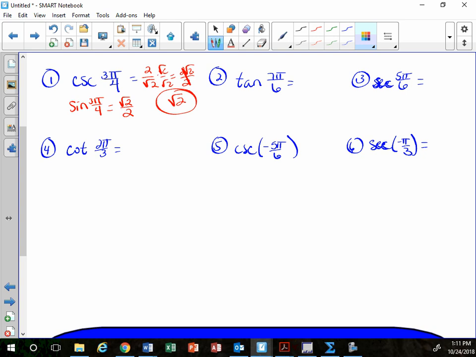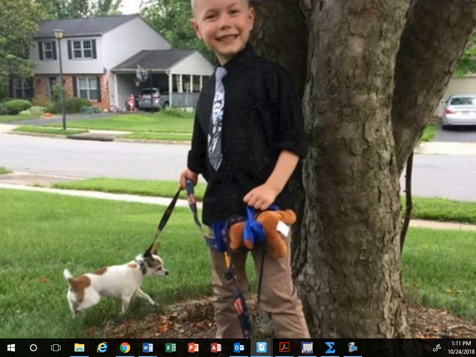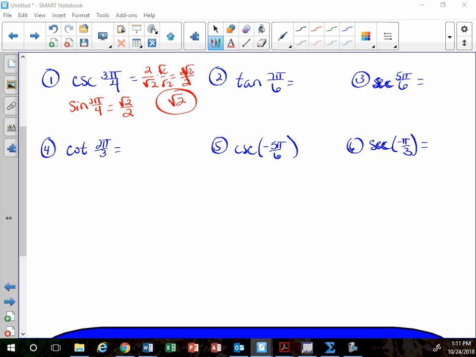We're going to rationalize, which gives you 2 root 2 over 2, and reduce it to just root 2. Okay? They're just reciprocals.